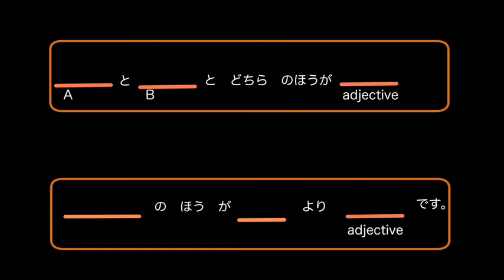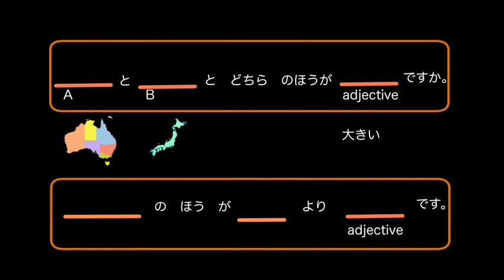No hou ga. So which one is more is the easiest way to translate dochira no hou ga. Which one is more? So we have the two objects, for example, Australia to Nihon to dochira no hou ga ookii desu ka?